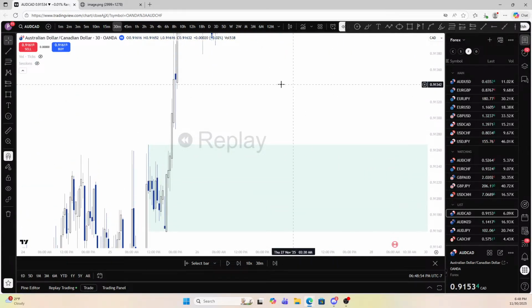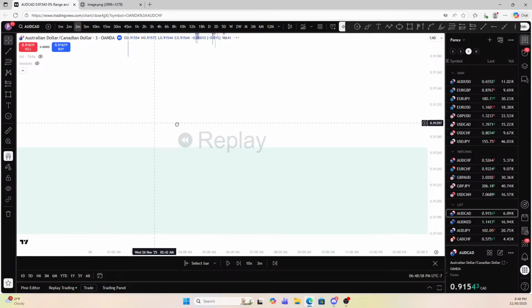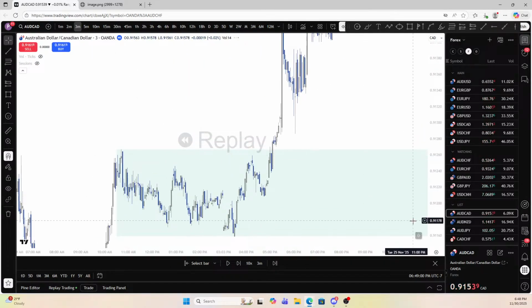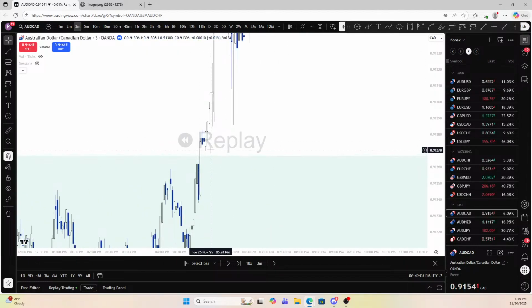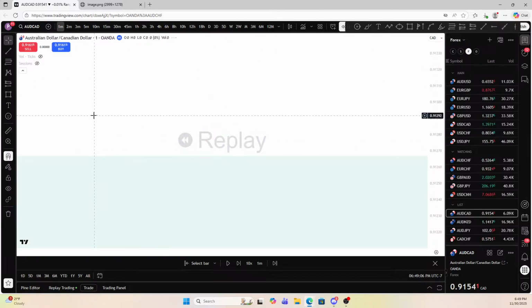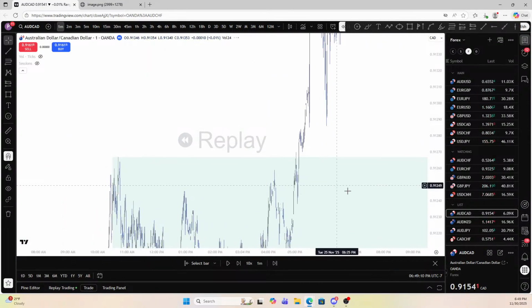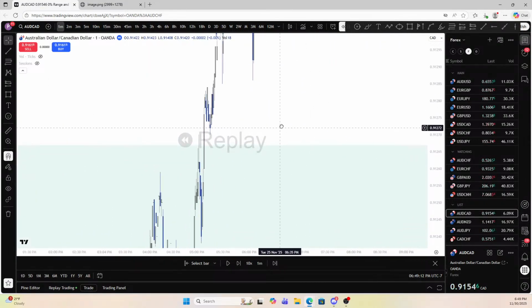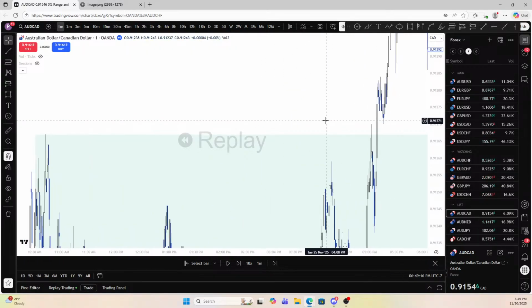I'm actually going to zoom in on that as well, just to see if we got any mitigation on these fair value gaps. Cool. So on the 3-minute we're clear, and I'm pretty sure even on the 1-minute, but it's going to take a while. Sorry. So it is not valid on the 1-minute.